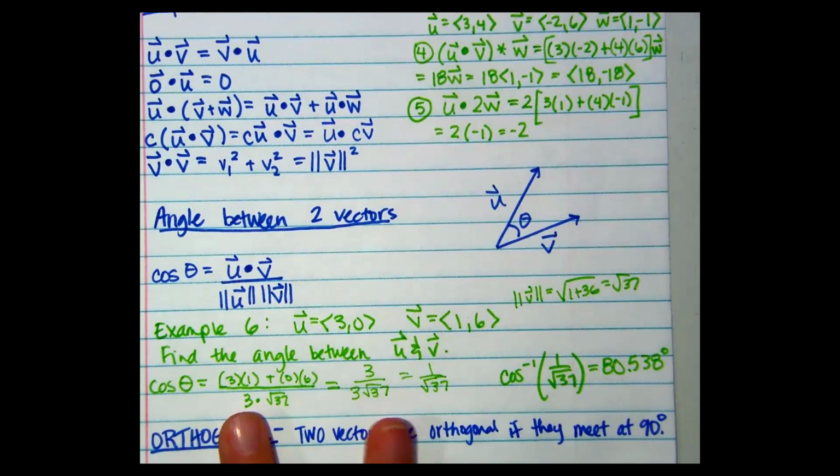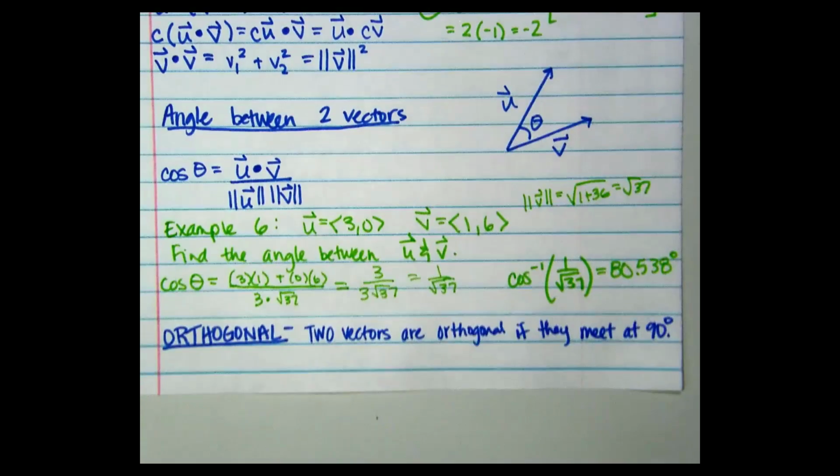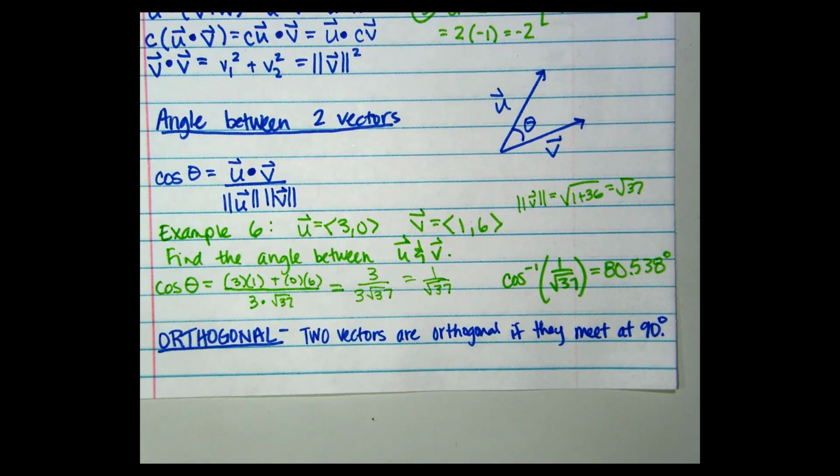What word would we use for two line segments that meet at 90 degrees? Perpendicular. So this is the vector form of perpendicular. Orthogonal.